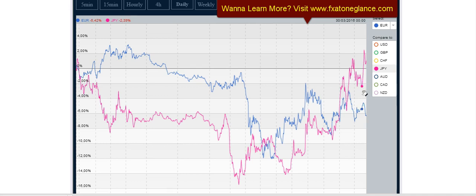Let's get 31. There's 30. 31 is right here. So this would have been hard for me to decide really, because what I'm looking at, I still see the yen coming to the downside and I see the euro moving to the upside. So it would have been tough for me to really make a determination here.